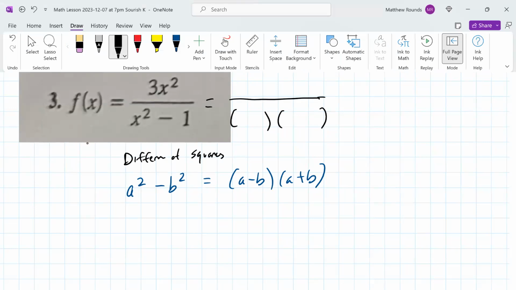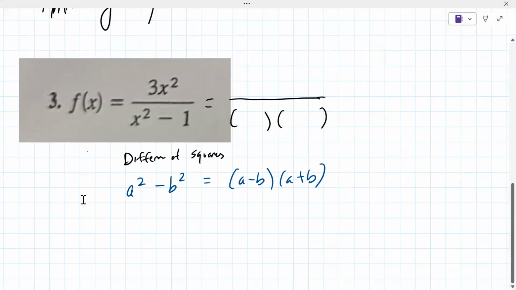Okay, could you factor x squared minus 1 then for us, please? I don't know. It's hard.